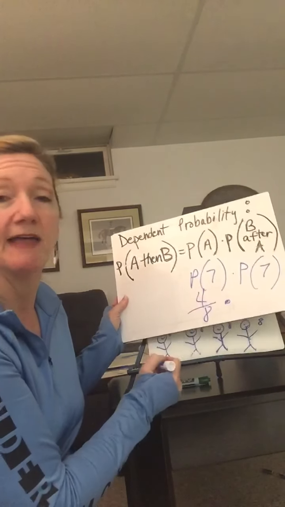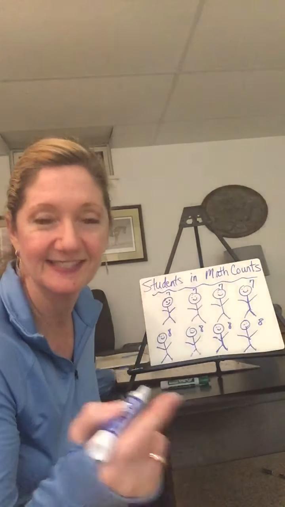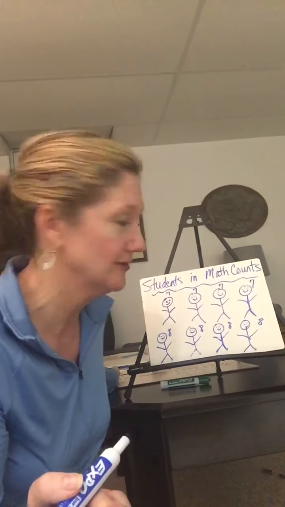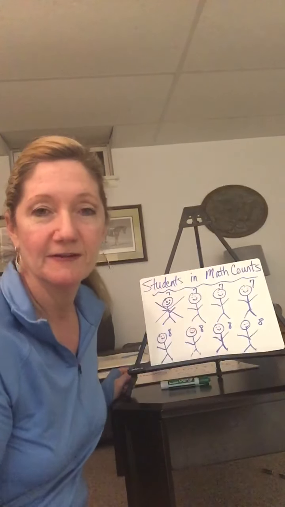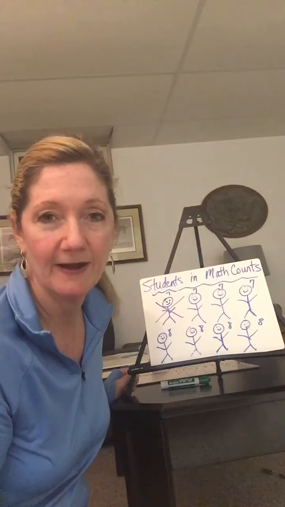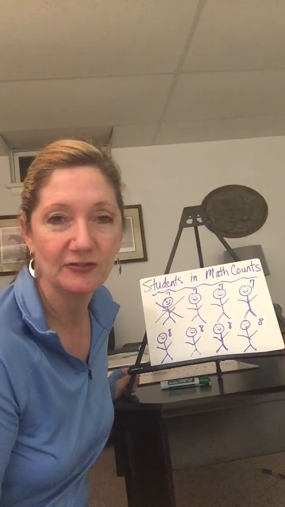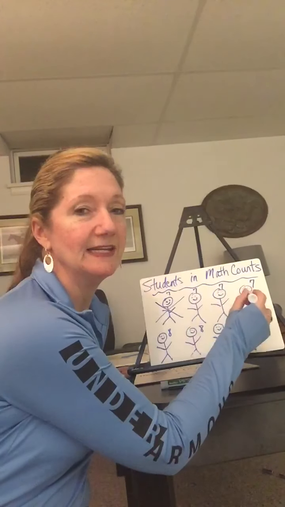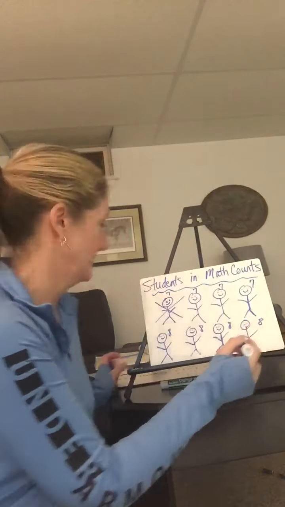And we're going to multiply that by the probability of another 7th grader being drawn as the second co-captain or co-leader. So let's first cross off the first 7th grader that was pulled out. Their name was pulled. So now, if you're a 7th grader, you have 3 chances out of 7.